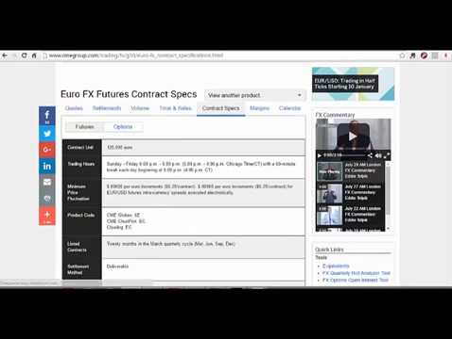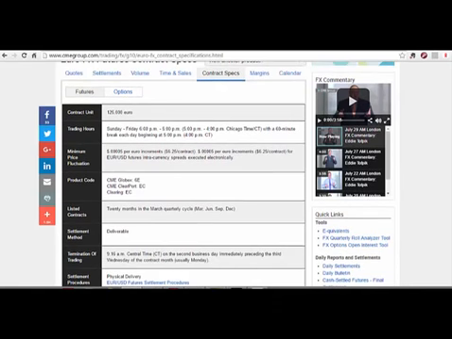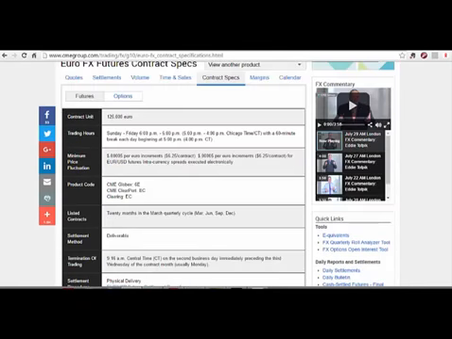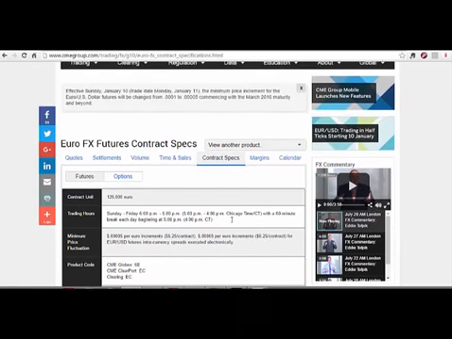EuroFX future is a contract for delivery of certain amount of euro versus American dollar in future by the price established in the present moment. So you see that the exact amount of this delivery is set here in the specification.